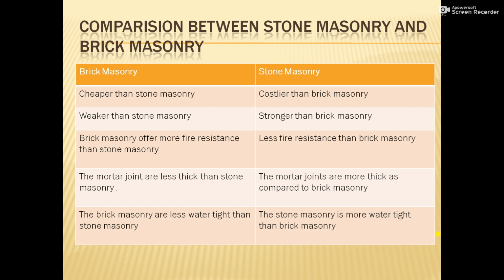For brick masonry, if we have not provided a proper cover of plaster, then water may seep through the wall due to the less watertight properties of the masonry. So because of that, brick masonry is less watertight than stone masonry.